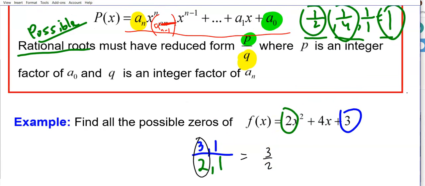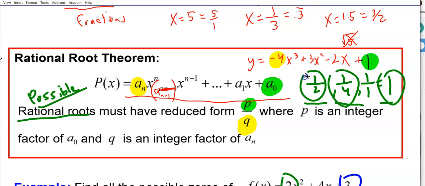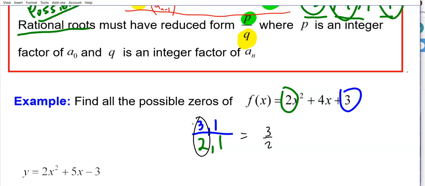Technically, I guess I didn't say this last time, all of these could have been plus or minus. Possibly. None of them are, but all of them could be either positive or negative. The reason for that is when you multiply, for example, 1 times 1 is 1, but also -1 times -1 is 1. So keep that in mind, that all of these are going to be plus or minus, because factors of 3 and 2, you could have negative times negative is also positive.